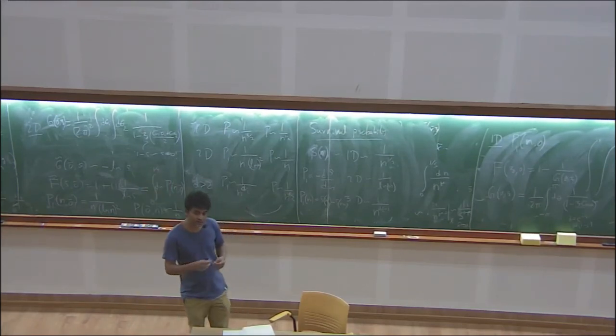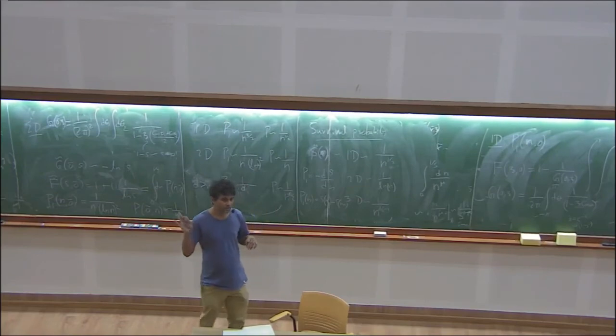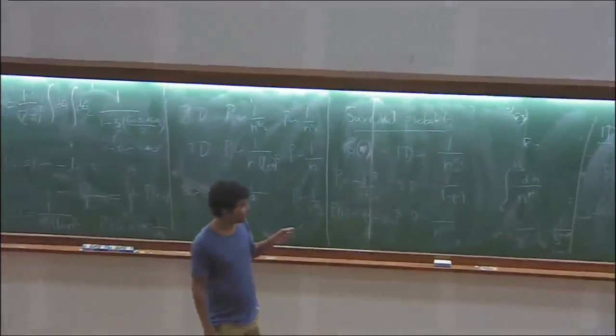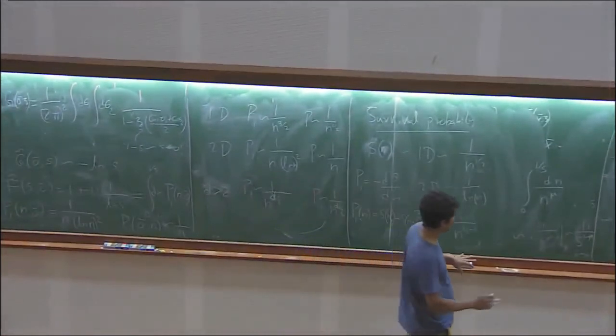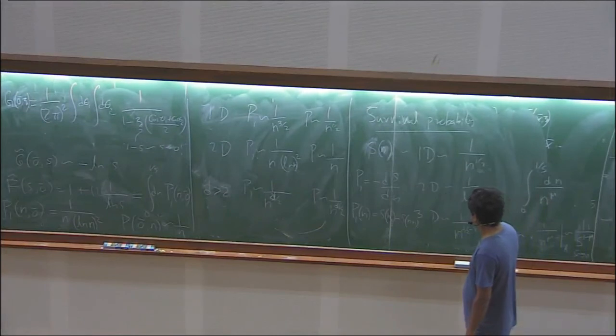For those probabilities which are returning, of course the survival probability goes to 0, right? You are only looking at the particles which return. So the survival probability of course is some finite number. But this is just for the particles which do return.